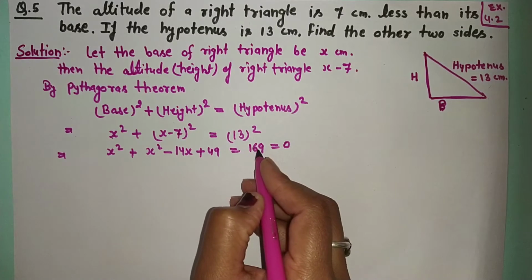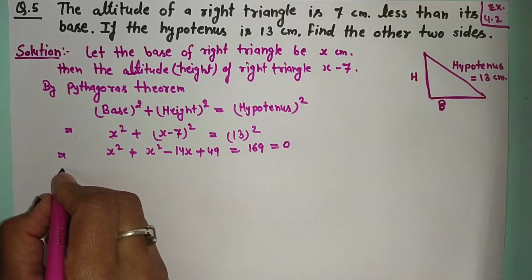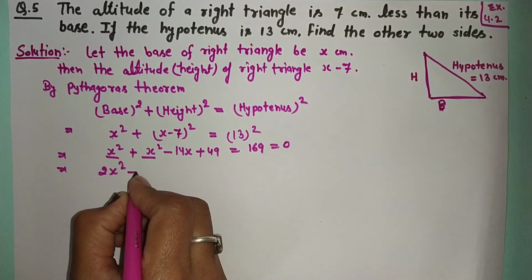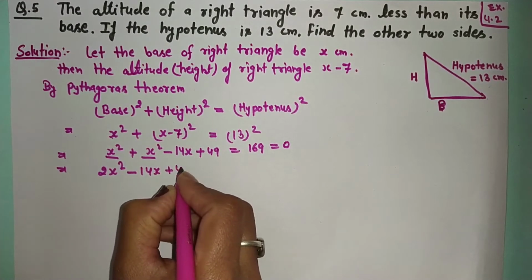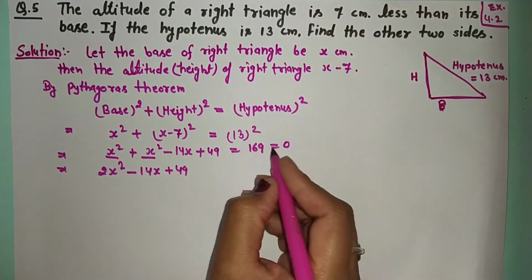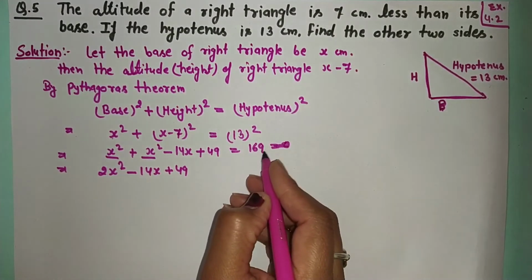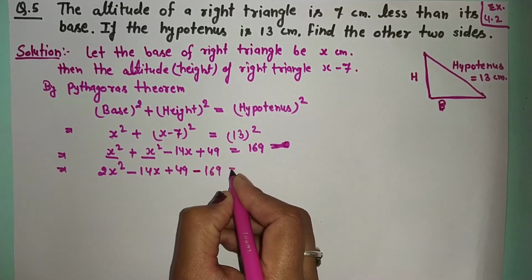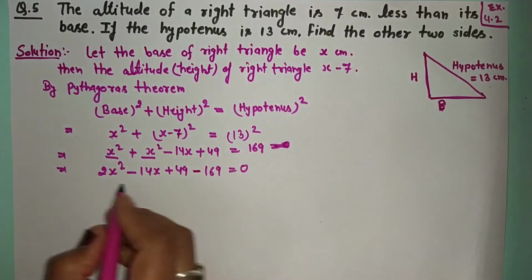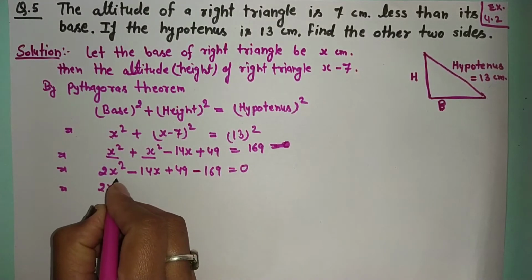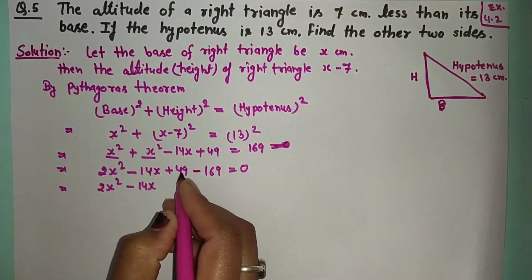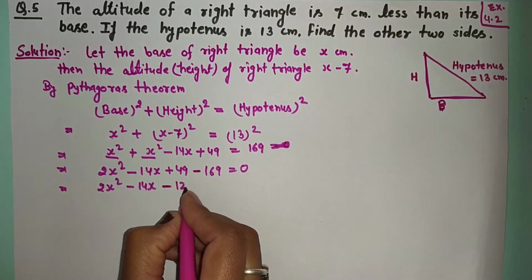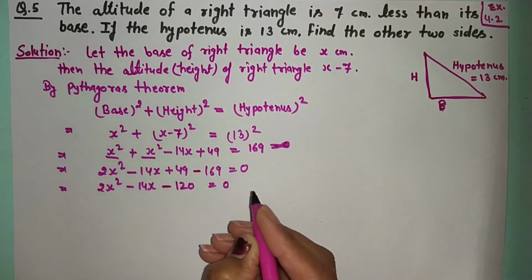By transferring 169 to the LHS, it becomes negative, and we get x square plus x square, that is 2x square, minus 14x plus 49 minus 169 is equal to 0. 49 minus 169 gives minus 120, so 2x square minus 14x minus 120 is equal to 0.